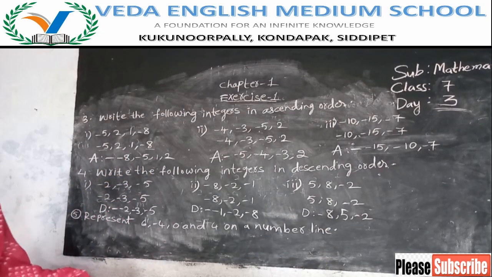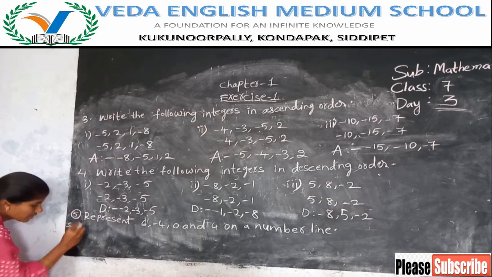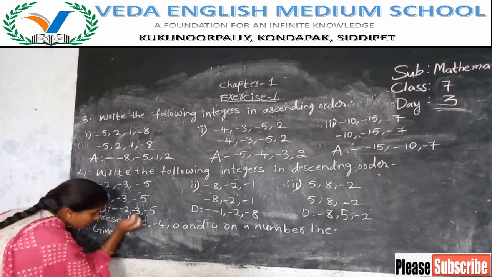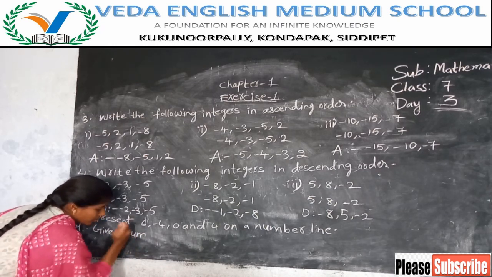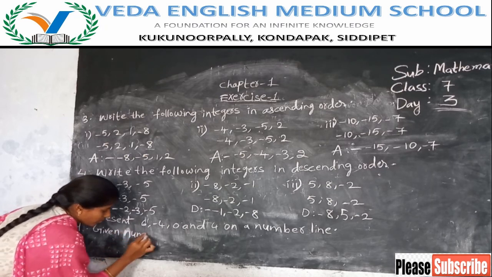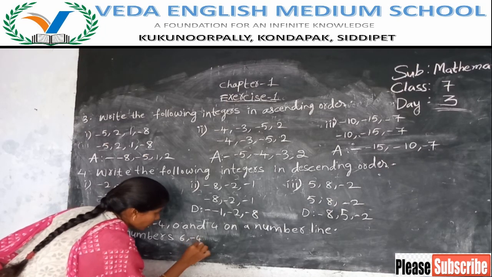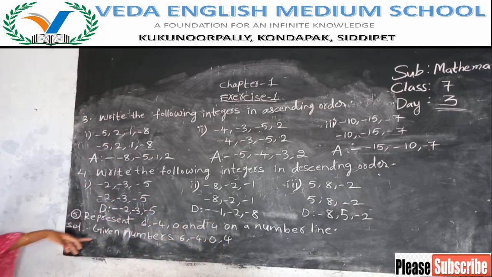Now we have to represent these numbers. Given numbers are 6, -4, 0, 4. Now we have to represent these numbers on a number line.